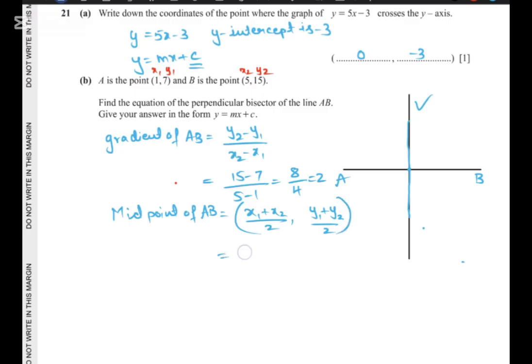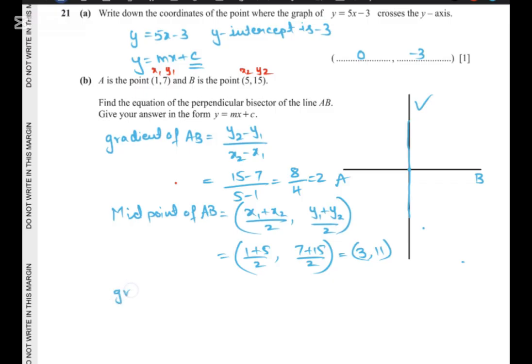So 1 plus 5 by 2, 7 plus 15 by 2. 1 plus 5 is 6, 6 by 2 is 3, 7 plus 15 is 22, 22 by 2 is 11. So the midpoint is (3, 11).